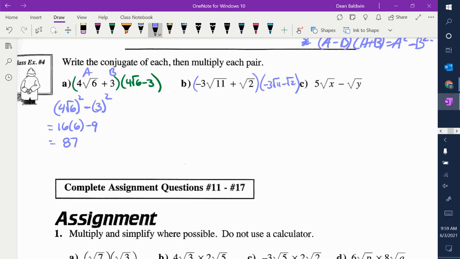What people got? The only sign that changes is the middle one. You don't change the sign on this. Only the middle one changes. Yeah. Okay, now tell me the answer when you multiply them.